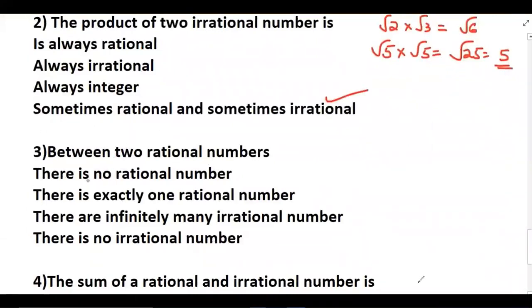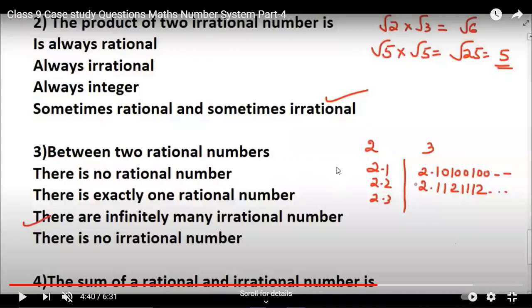We have already discussed this in the previous class, in the chapter on square and square root. So what is root 2 into root 2? Root 2 into root 2 is 2. So if you take different numbers, the answer will stay in the root. If you take the same number, then it will come out of the root. So this means the product of two irrational numbers can be rational also. In the second question, the product of two irrational numbers is: always a rational number, always irrational, always an integer, sometimes rational, sometimes irrational. So the fourth option is your correct option. Okay. Is it okay?